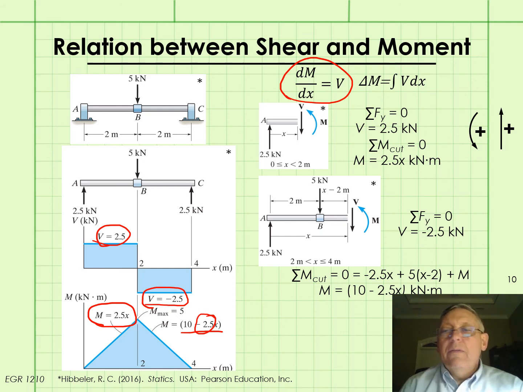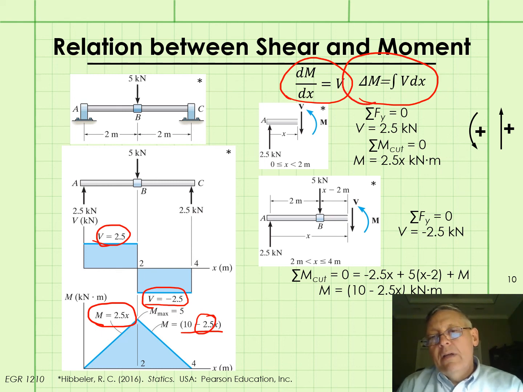Now the second part of that relation was that the change in moment between any two values of x is equal to the area under the shear curve between those two values of x.